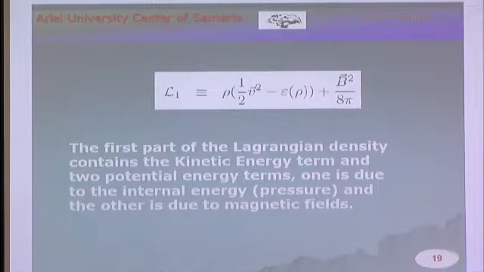The first part of the Lagrangian density contains the kinetic energy terms and 2 potential energy terms. One is due to the internal energy, which is this term over here, and the other is due to the magnetic field energy.